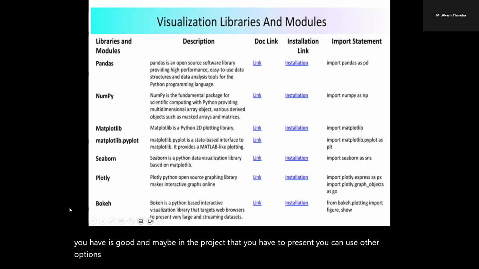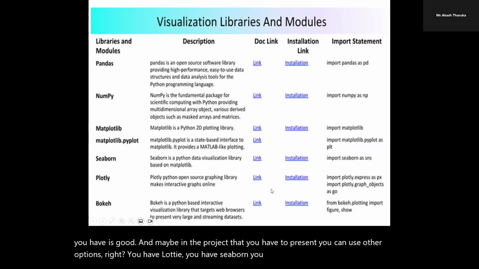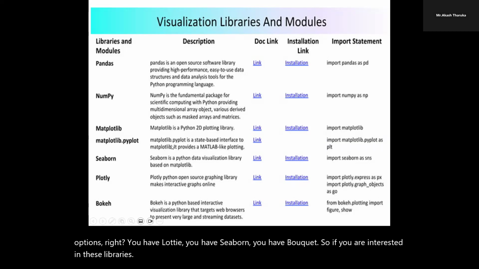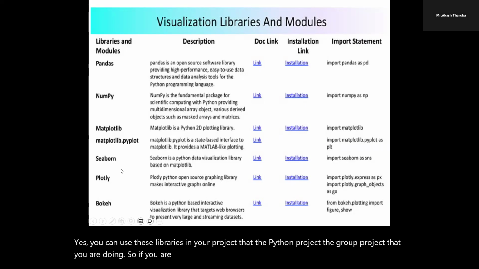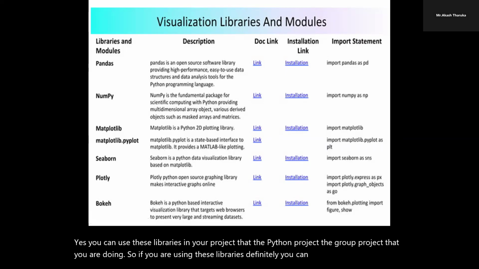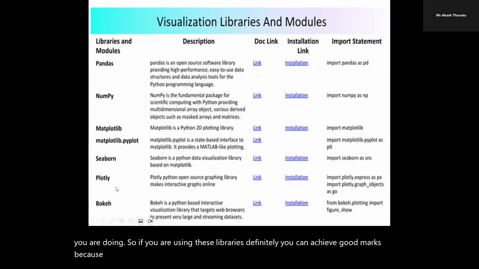You have Plotly, you have Seaborn, you have Bokeh. So if you are interested in these libraries, yes, you can use them in your Python group project. If you're using these libraries, definitely you can achieve good marks, because you have to do a self-study, right?